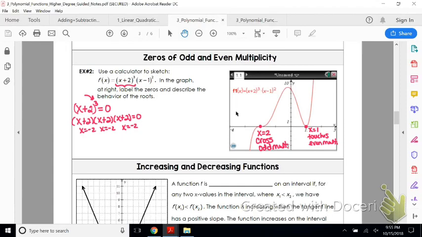So the easier way is to say, okay, well, we have an x plus 2 equal to 0, which gives me x equals -2, and then because we had that little exponent there that was a 3, we say multiplicity of 3. And then my other factor was x minus 1 squared.